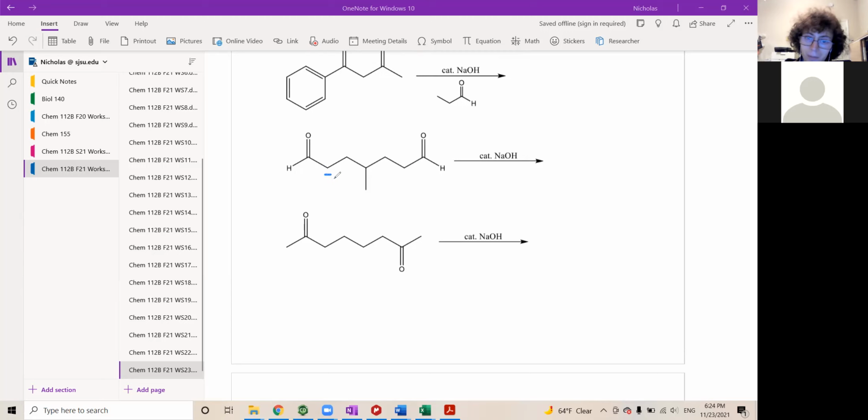So an enolate will form like this. And now I can draw another molecule of this.